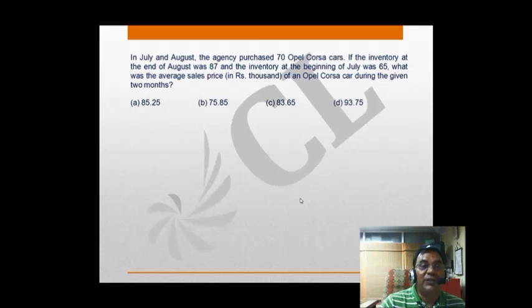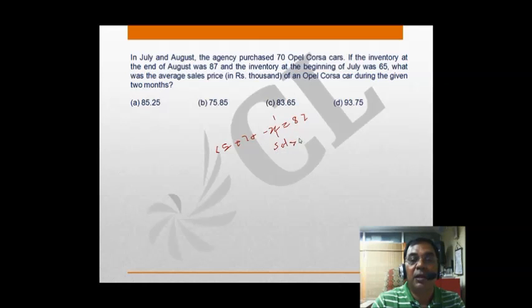So obviously you know what the equation will be. The simple case of 65 plus 70 minus x is equal to 87, and x is nothing but the sales. Now we can analyze this.